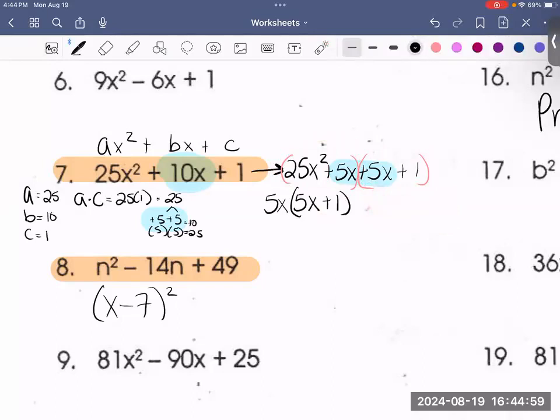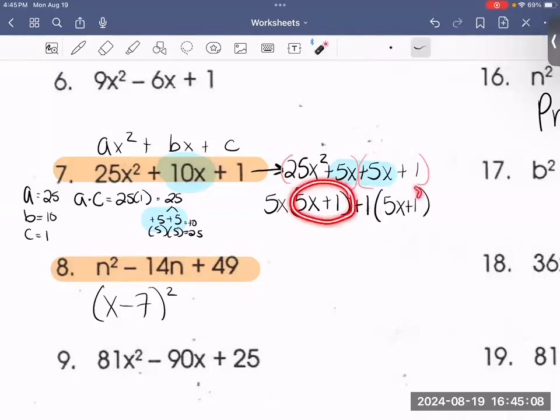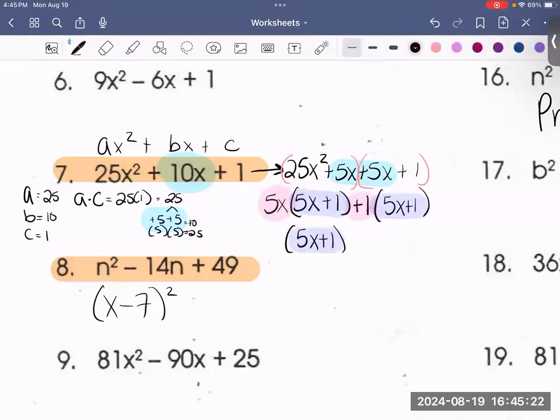So if you like what you have already, you just get to factor out a positive 1. So now we get to factor out this 5x plus 1 from your terms on the outside, and you're left with 5x plus 1, which is from here. And then your two outside terms will come together as 5x plus 1. Now again, because they are the same, we are going to bring these together and square it.